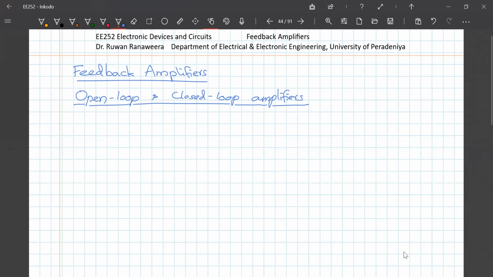So an open loop amplifier basically doesn't have any information at the input based on the output. Open loop amplifiers have no feedback from output to input.